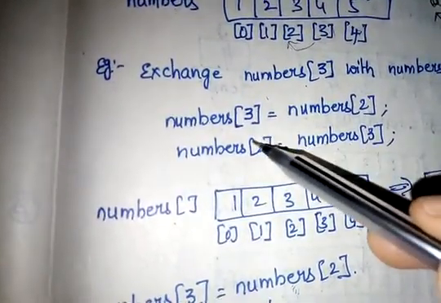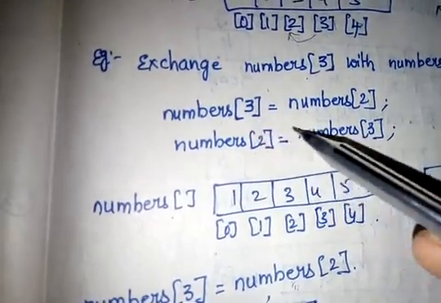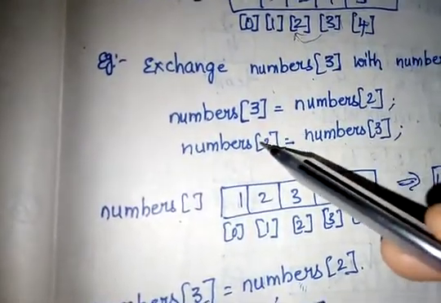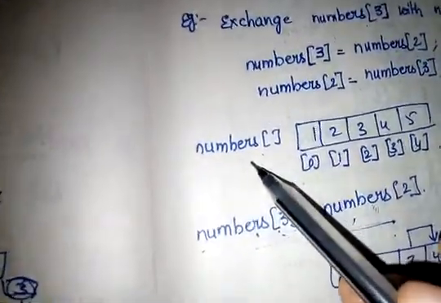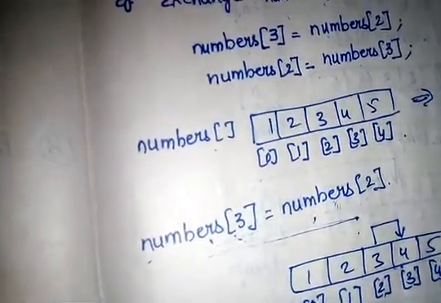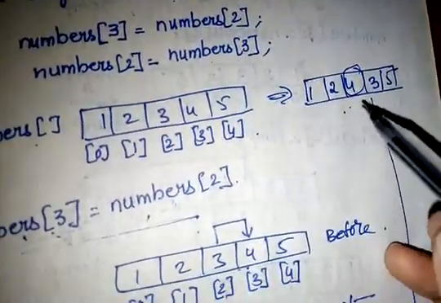So let us trace what will happen if we write this program with these two statements. Initially your numbers array is 1 2 3 4 5, and when we exchange, our array should become like this.